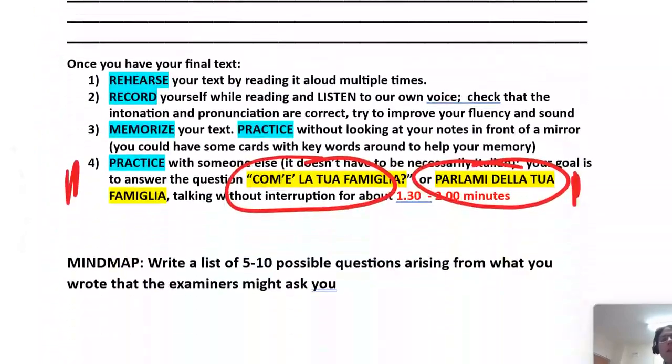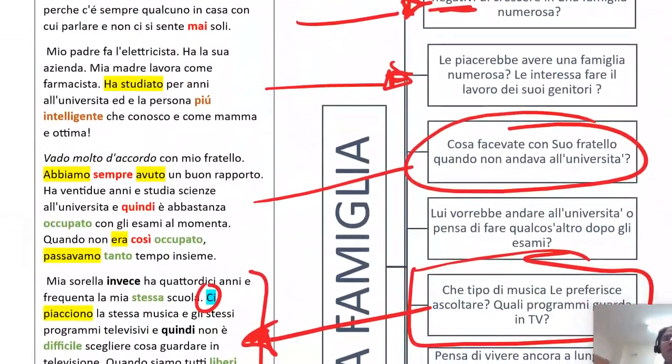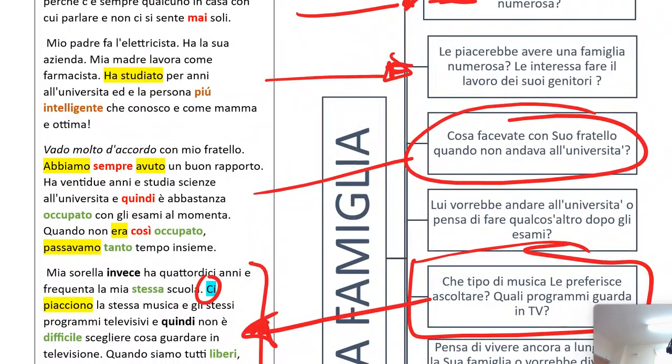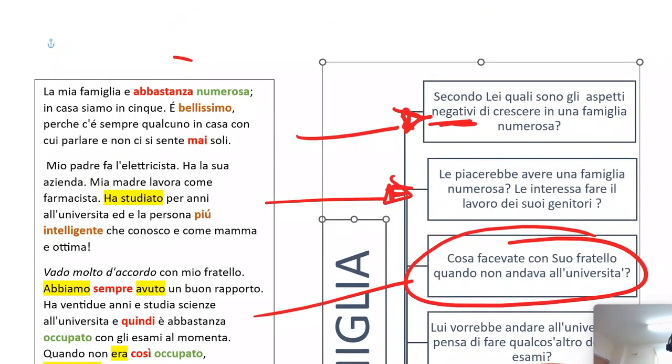And then once you have memorized it and you are confident, try to think about what are the possible questions arising from your presentation. This would allow you to be confident and expand your conversation, and also to predict what the examiners may ask you during your VCE oral exam.